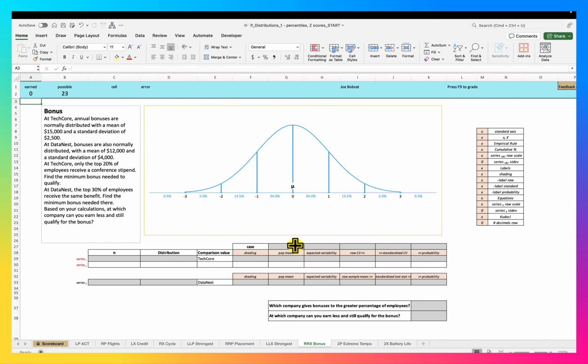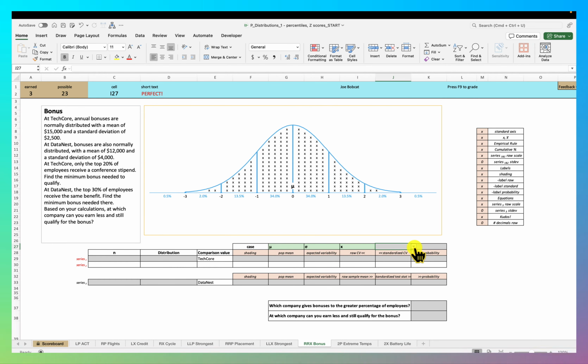Interesting problem. All right, mean is mu, expected variability, sigma. X is the raw score. Standardized is the z-score. And we're looking for the probability of x.